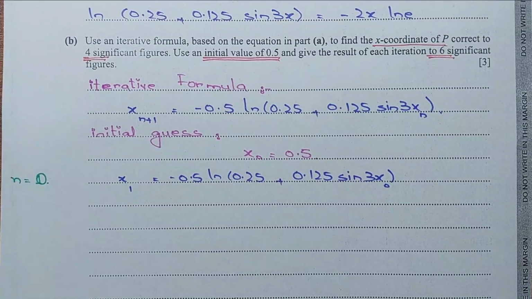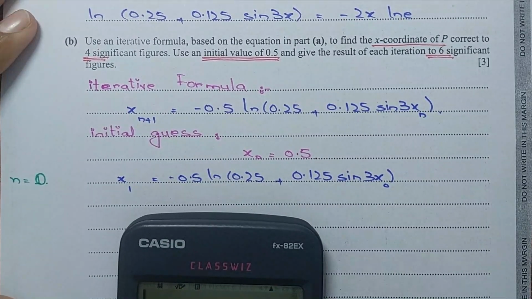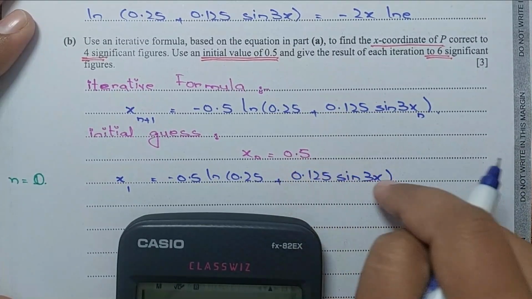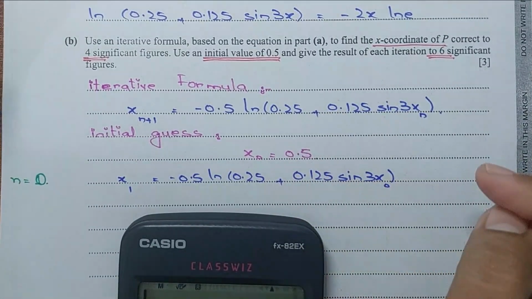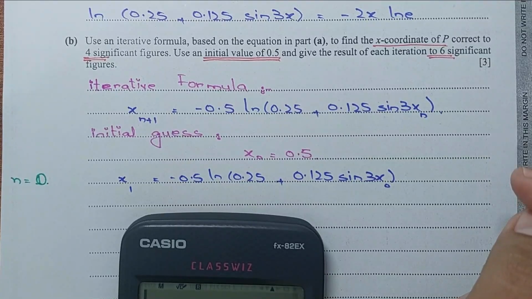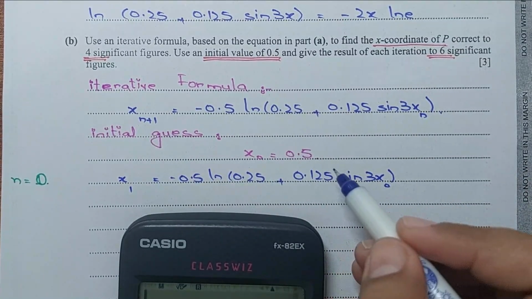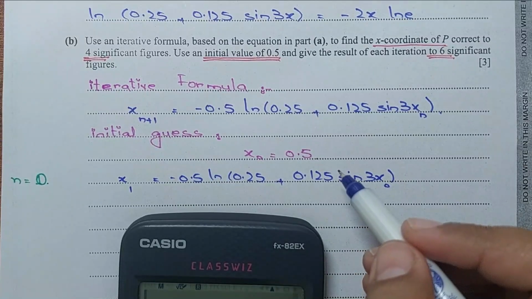Let me write this down. This is the sine of something, so you may be confused about whether the angle is in radians or degrees. With 3 times 0.5, it is better to use radian mode.